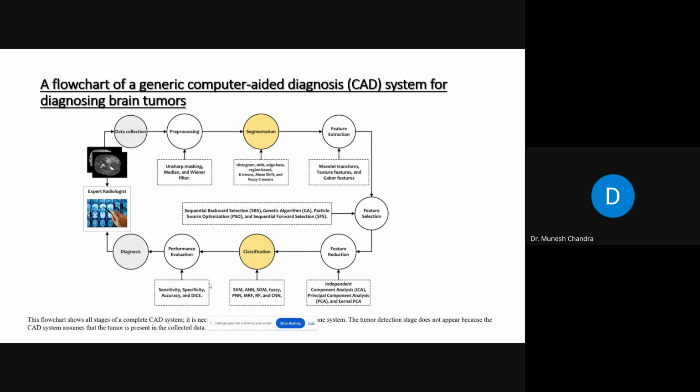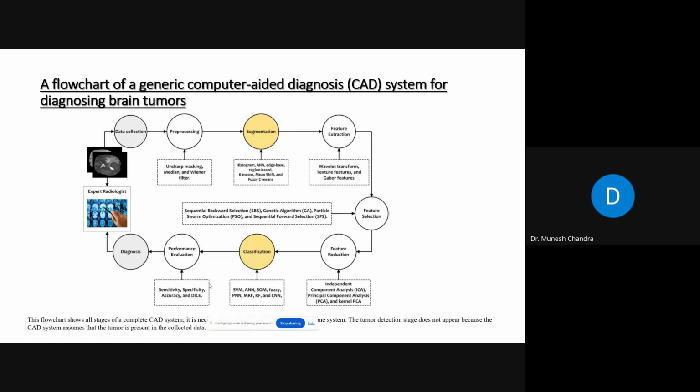After the segmentation, we have to extract the features. For the feature extraction also, we can select the algorithm as per our requirement. The models that are used for feature extraction are wavelet transform, textural features, and Gabor features. After the feature extraction, we have to select the features, like on what particular features we have to work, because we do not have to work on all the features that are extracted.